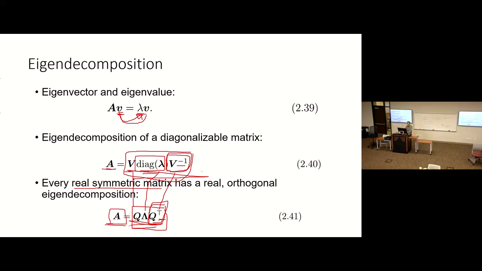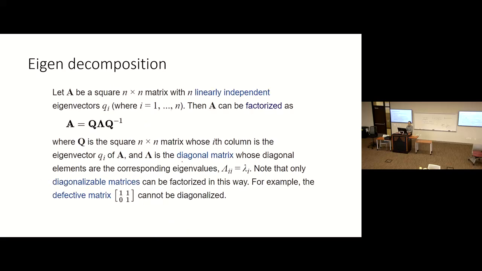So if A is symmetric and also real numbers, this decomposition becomes much easier, because you don't have to compute the inverse of the eigenvector. So that's the general relationship.